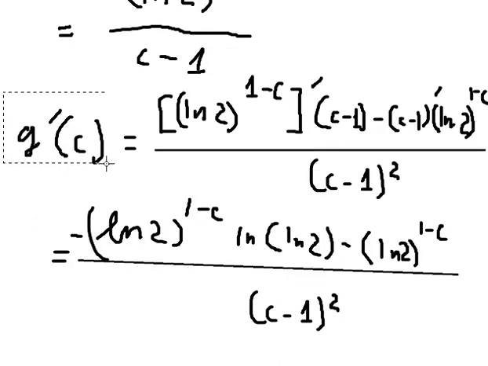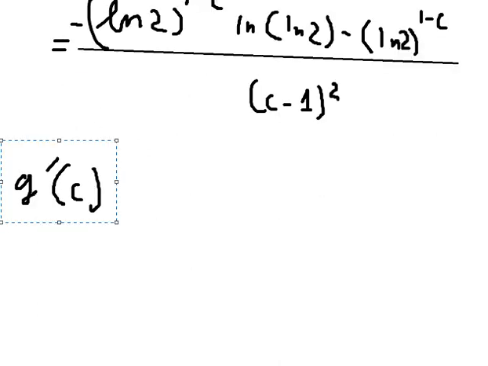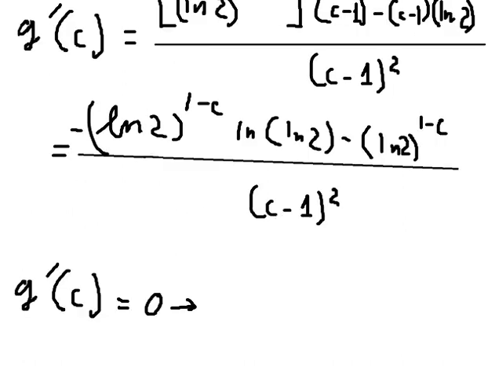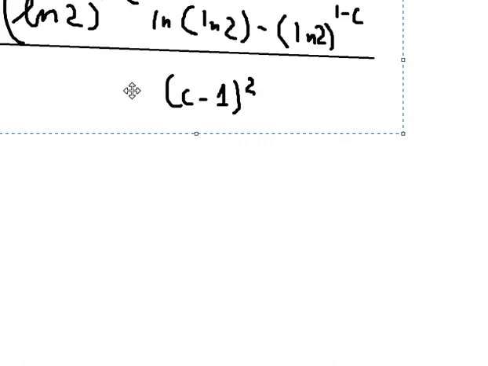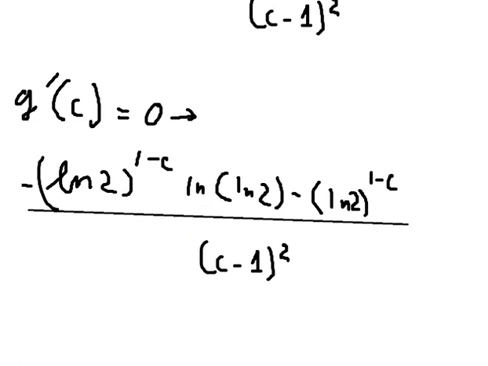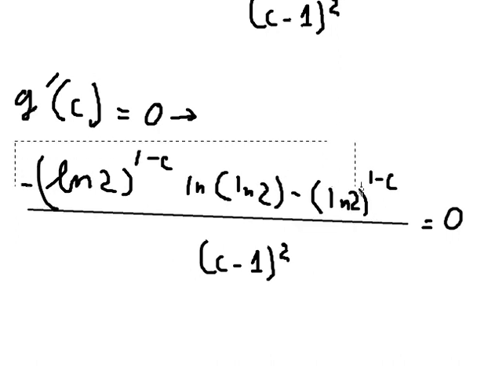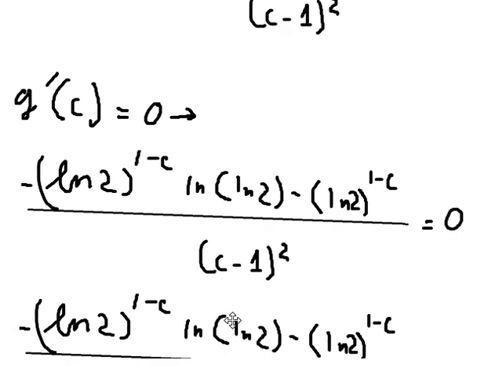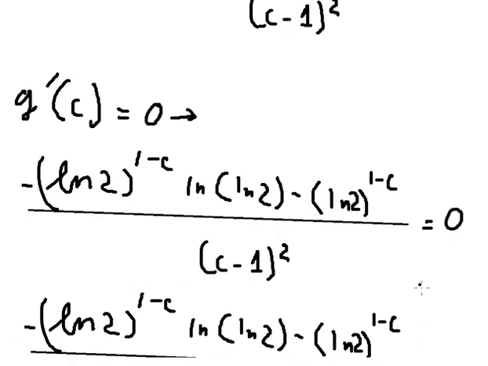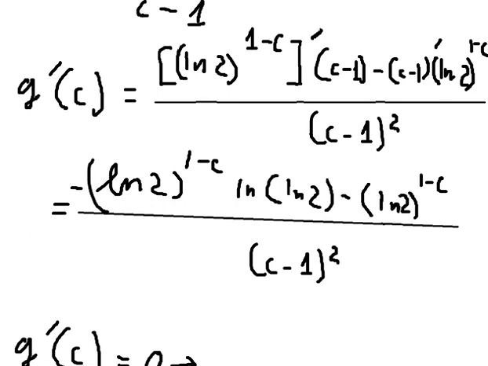Now we put this one equals 0 to find the critical values. So we just have only this one equals 0. I forgot c minus 1 in here.